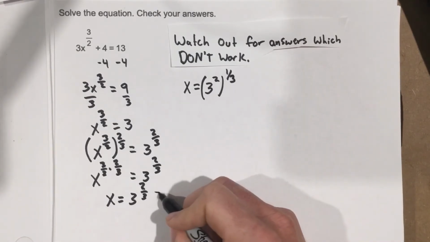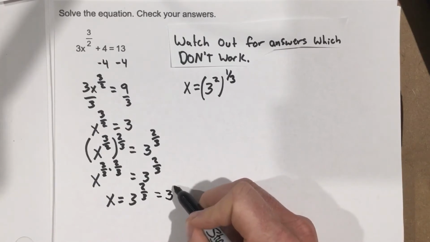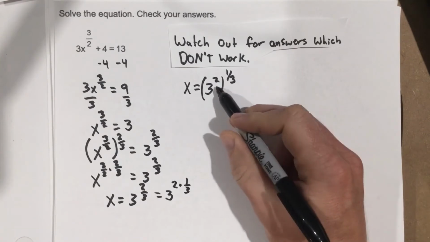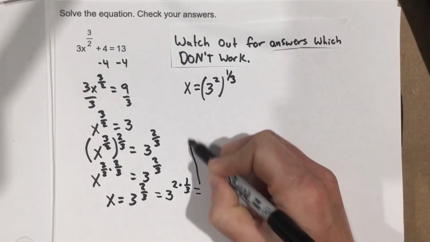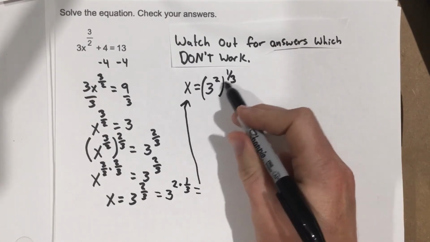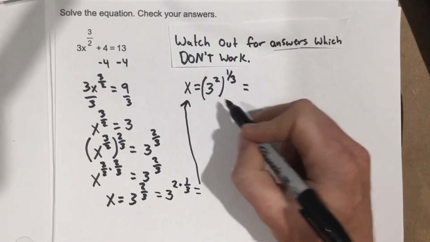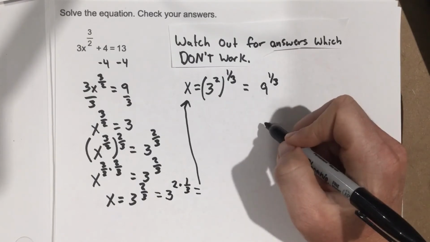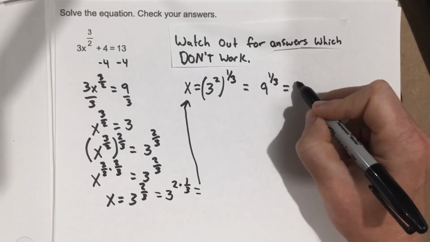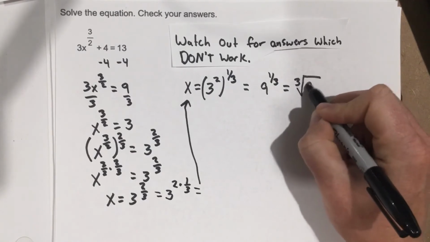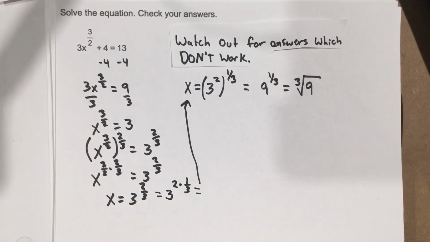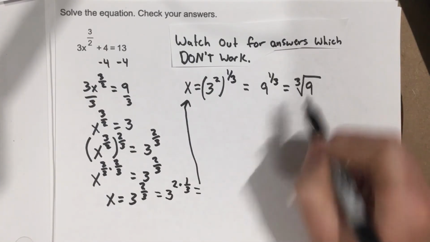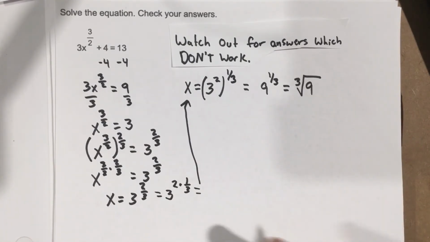This could be written as 3 to the 2 times 1/3, which is 3 squared to the 1/3. So then we can write it as 9 to the 1/3, which we can write as the cube root of 9. All right, so this is just rewriting it. This is technically an answer, just rewritten into maybe a better form, I suppose.